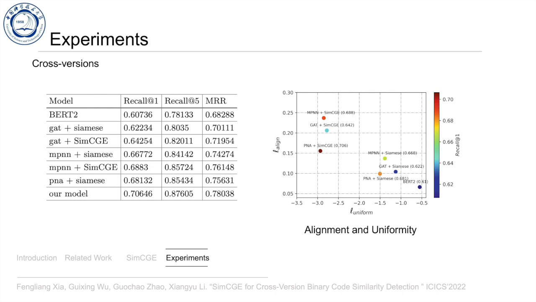We specifically analyzed the reason why SimCSE outperforms Siamese, as shown in the right figure, where the uniformity of SimCSE is much better than Siamese. The SimCSE trained model allows for a more uniform distribution of CFG embeddings, although at the expense of a bit of alignment. Overall, it is easy to find the positive for each anchor.